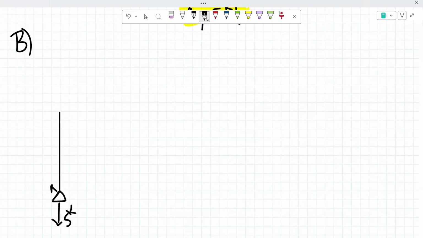This is point A. This is point B. From there, we know that it has a length of 10 feet. And on point B, there is that moment occurring of 50 kip feet.